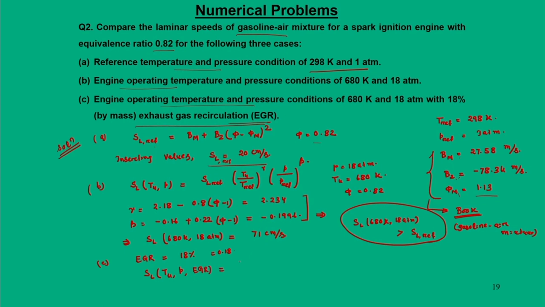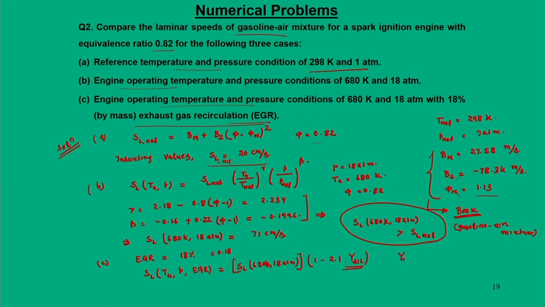is equal to SL at 680 Kelvin, 18 atmosphere, this value multiplied by 1 minus 2.1 Y dilutant. So, here the mole or we can say mass fraction of dilutant Y is 0.18.